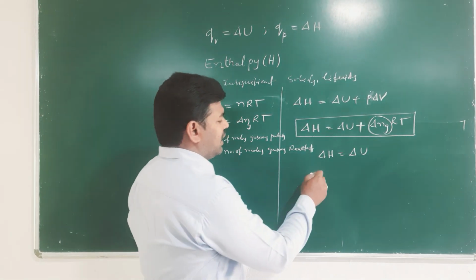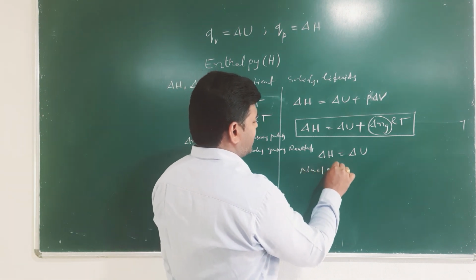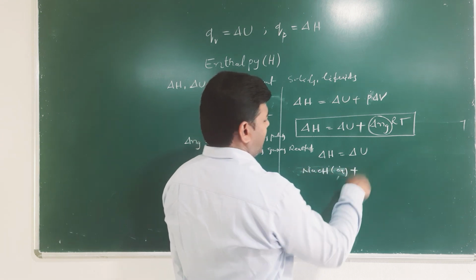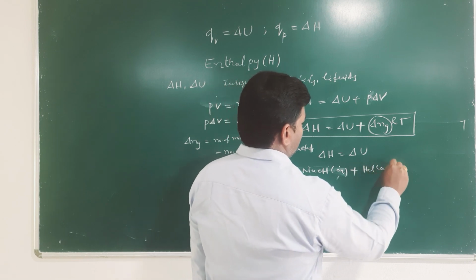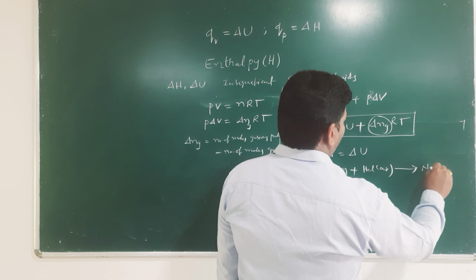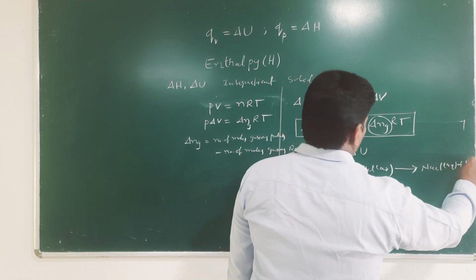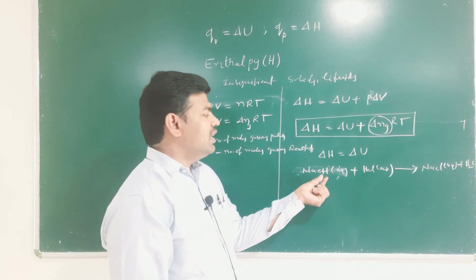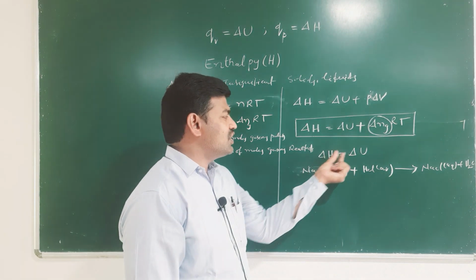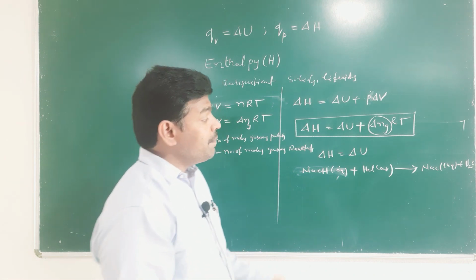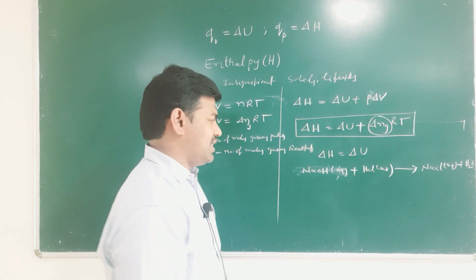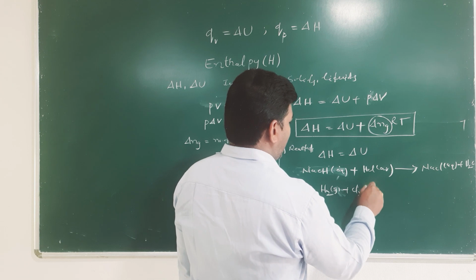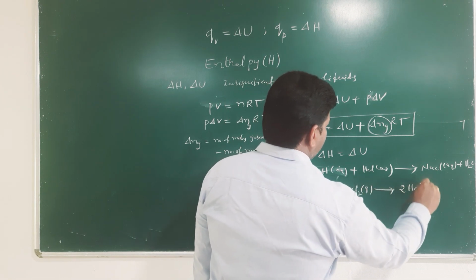For example, NaOH aqueous plus HCl aqueous gives rise to NaCl aqueous plus H2O, water. In this reaction no gaseous components are involved. So in such reactions delta H is equal to delta U. And for example, if you take gaseous reactions, H2 gas plus Cl2 gas gives rise to 2HCl gas.